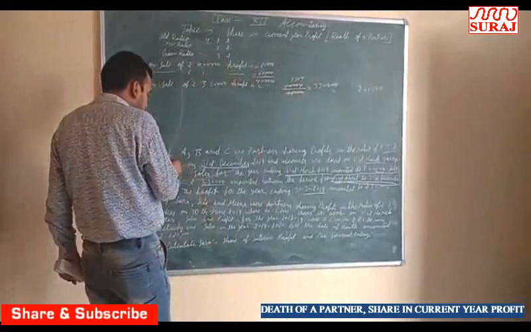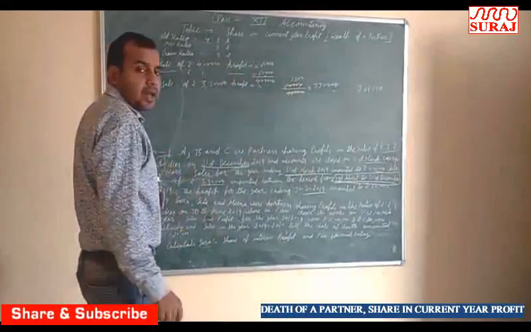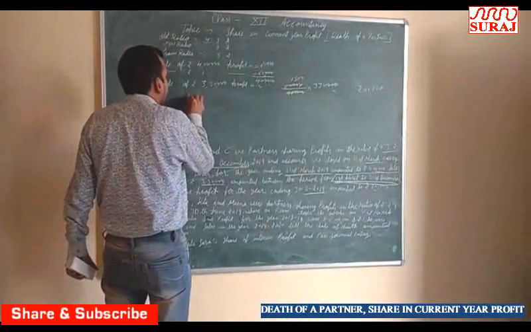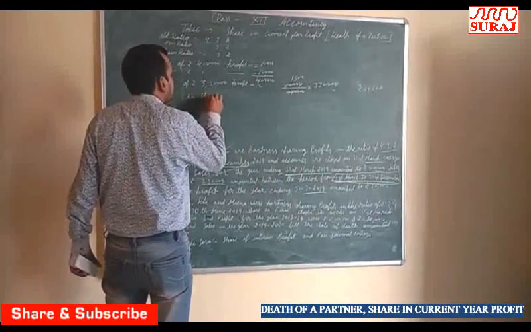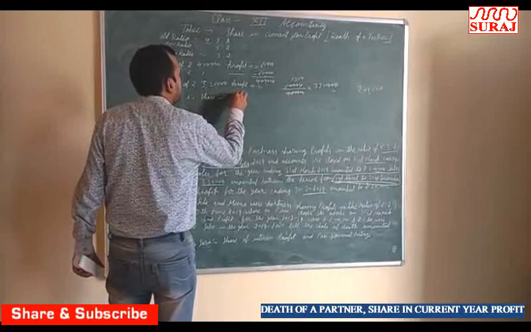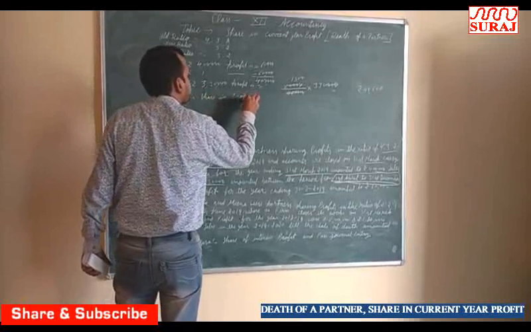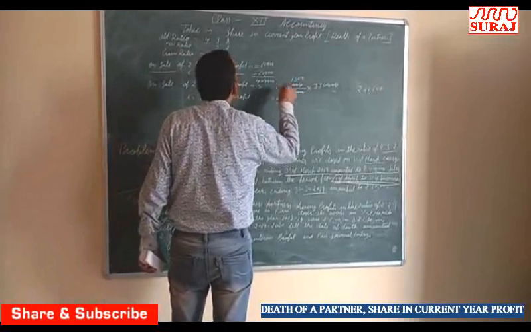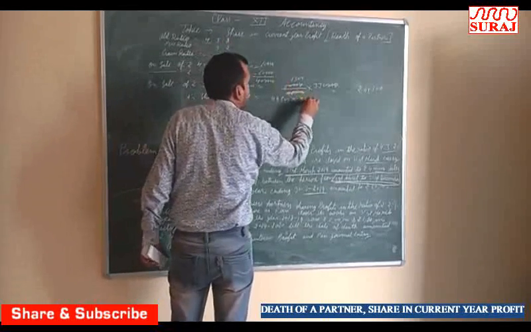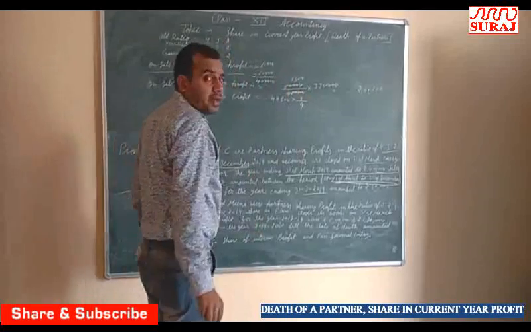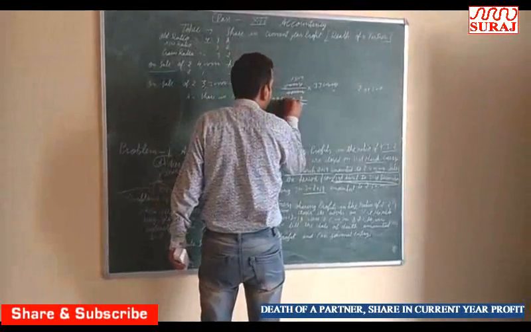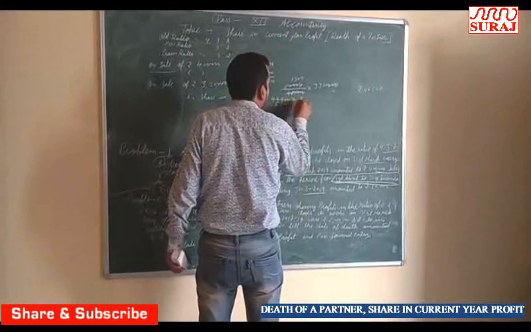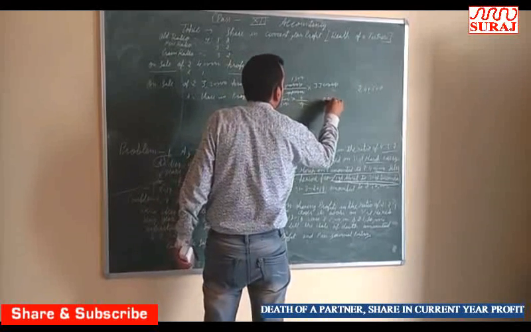Then you will calculate A's share of profit up to the date of death. A's share in profit is 49,500 into A's share 4 by 9, which is 22,000.